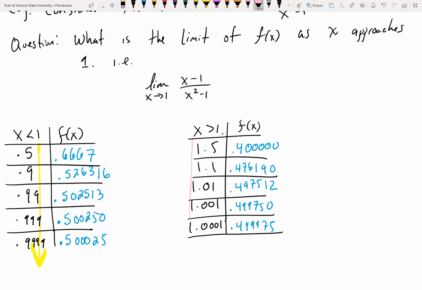These x values are getting closer and closer to 1. So to answer this question, you have to look at what the function is doing, namely the y values. As x gets closer and closer to 1, what do the y values tend to be doing? Where does the y value tend to be going?